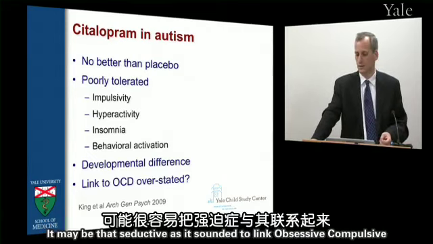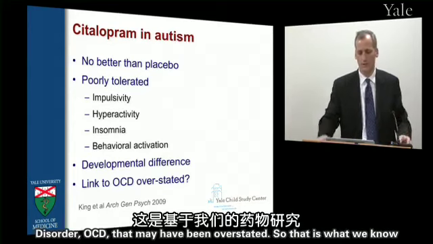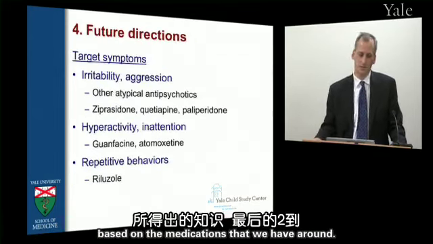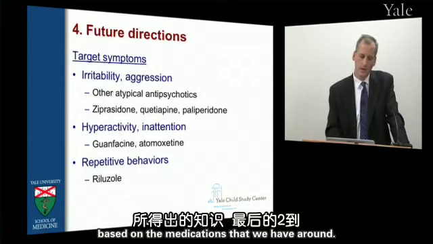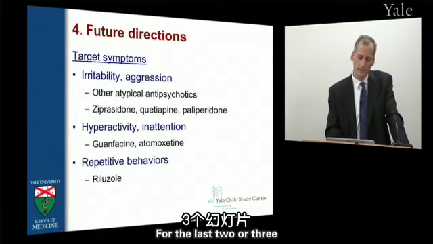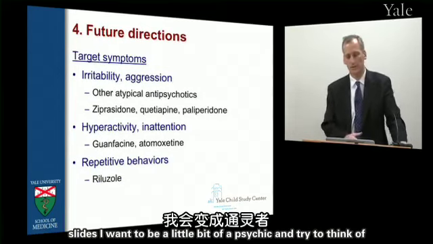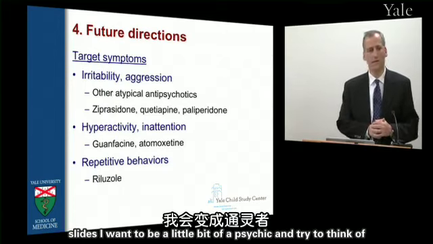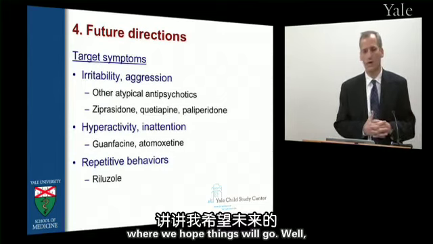It may be that, seductive as it sounded, the link between autism and OCD may have been overstated. So that is what we know based on the medications that we have around. For the last 2 or 3 slides, I want to be a little bit of a psychic and try to think of where we hope things will go.